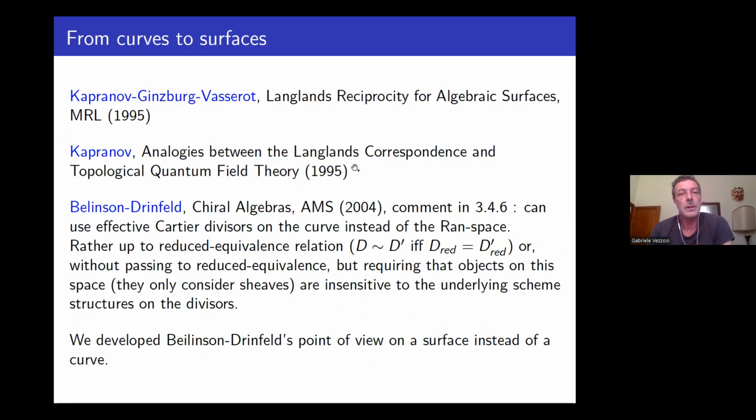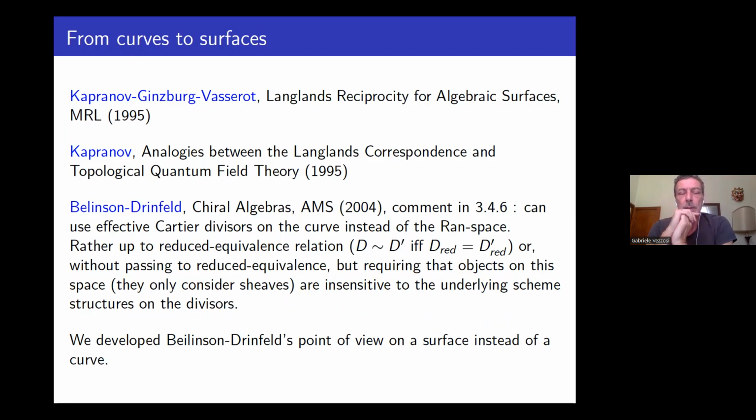Okay, from curves to surfaces. I wanted to list here at least the references I have read and tried to understand. Probably there are more references to give, but I will stick to those.